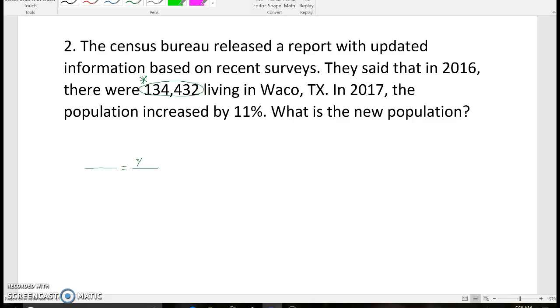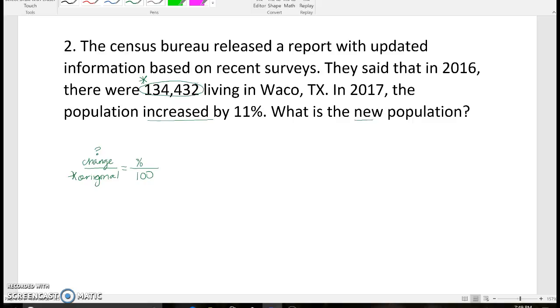No. So we're going to do percent over 100 and then change over original. Okay, so I know my original. Do I know my change? It's saying the population increased, okay? So I don't know my change. And then it's asking for the new population.